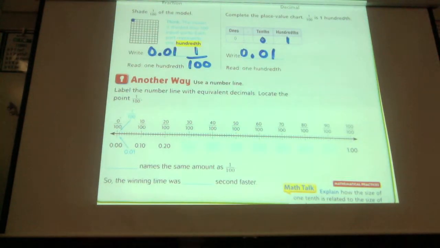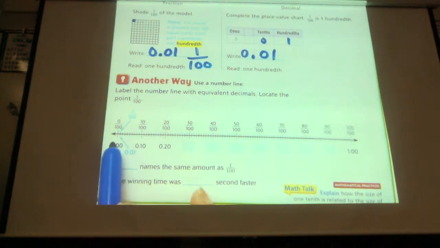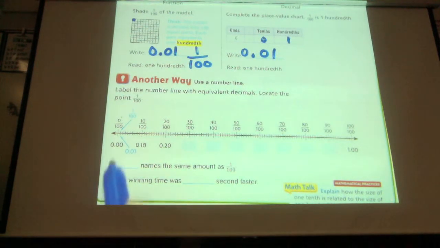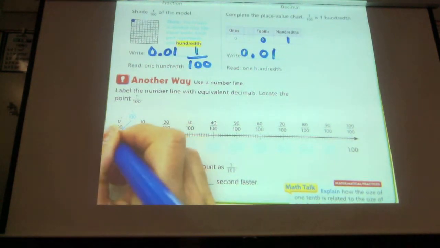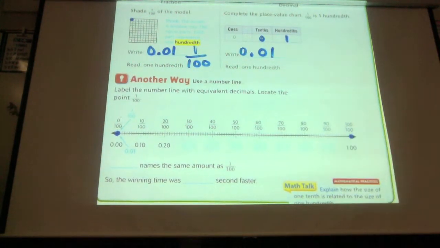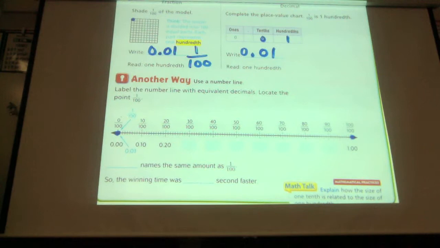Another way: label the number line with the equivalent decimal and locate the 100th place. If we took this number line and divided it into hundredths, here's the 0 right here, and here's one whole, like a whole dollar, and we've divided this into hundredths.